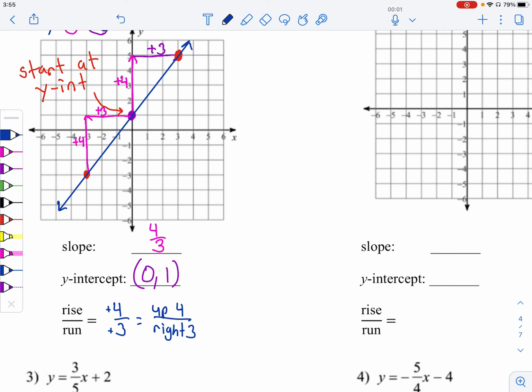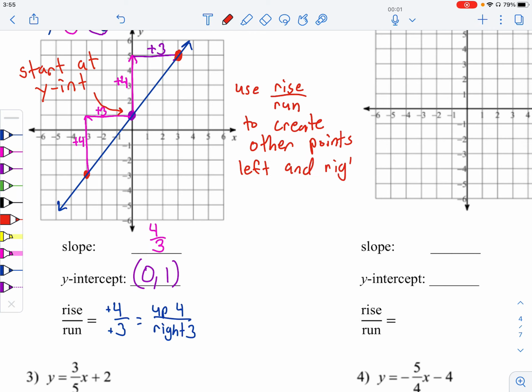So start at the y-intercept. Use rise over run to create other points, both left and right. Then we draw a line.